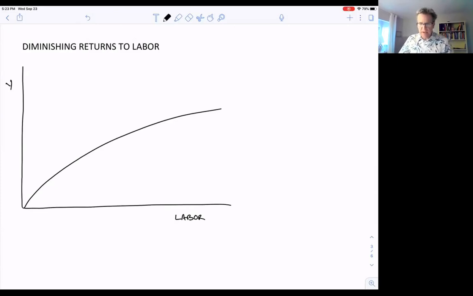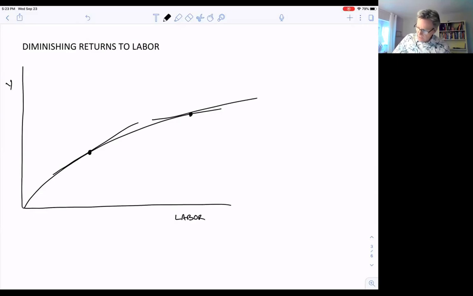And the reason is because beta is less than 1. And we will find that the slope of this line, the marginal product of labor, is decreasing as we add more labor.